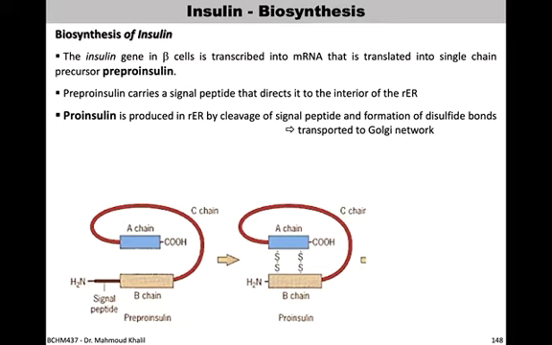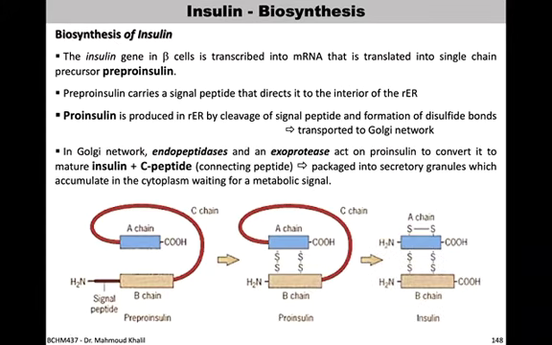Once it is inside, the signal peptide is cleaved, and two disulfide bonds are formed between the A chain and the B chain. Once the proinsulin structure is formed, it will be transported to the Golgi apparatus or Golgi network.